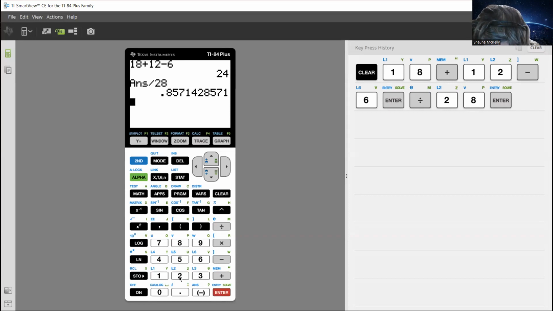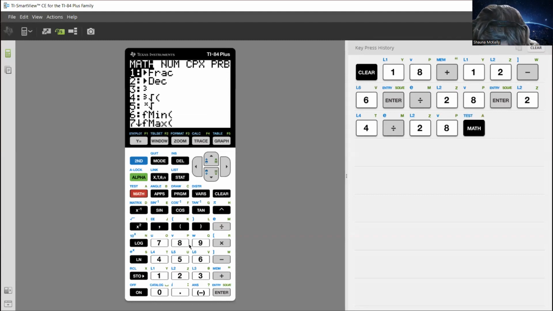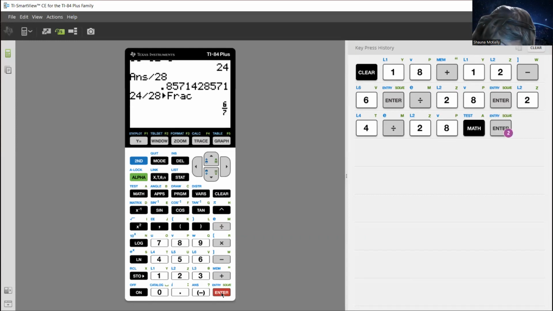So we have 24 over 28. And if you go to math, convert to frac, it will reduce it for you. That's 6 over 7, okay? This is 24 over 28. This is 0.8571, okay? And so that's our first answer for the question.